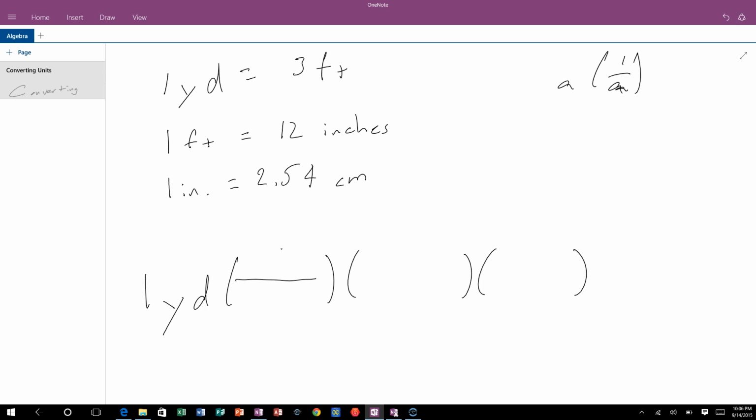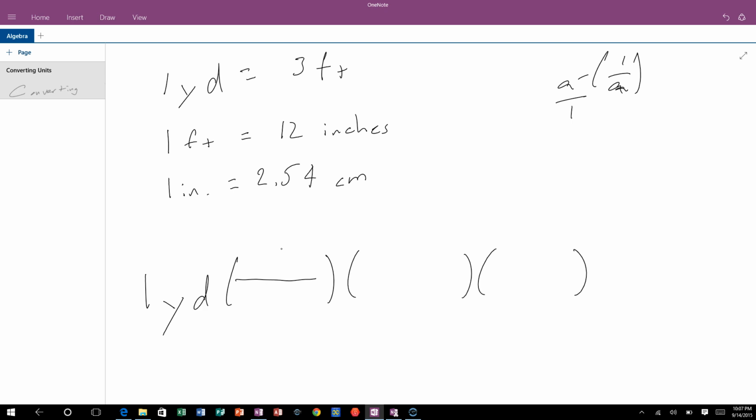And remember, when you multiply a fraction, you multiply the numerator times the numerator and the denominator times the denominator. Well, this is really a over 1. Any number that's there can be put over 1.